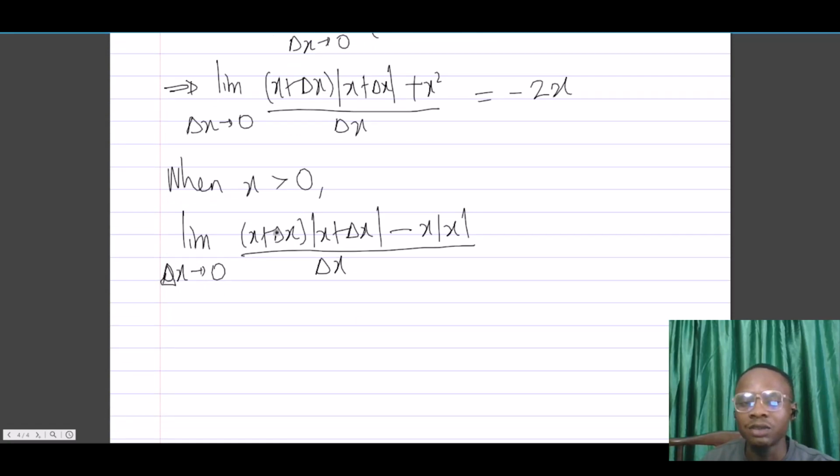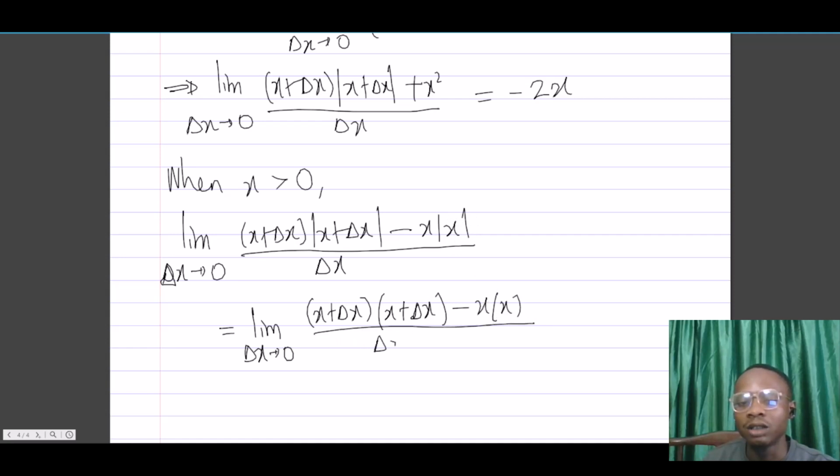Since x is positive, this is going to be equal to the limit as delta x approaches 0 of x plus delta x, which remains as it is. Since x is positive and delta x is approaching 0, this expression will be positive, so we can just write it as x plus delta x. And this is going to be minus x multiplied by x, since x is positive, then divided by delta x.